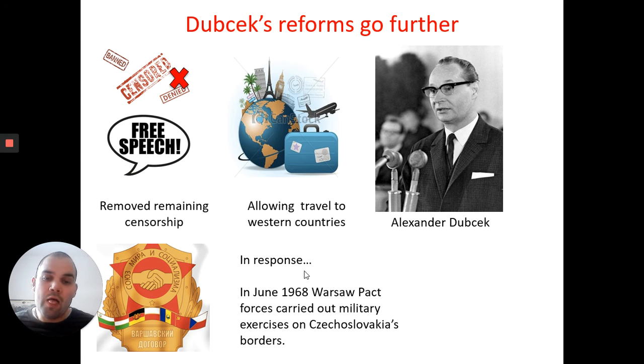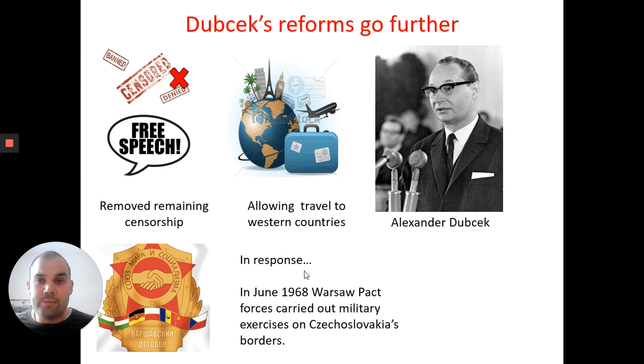But this exercise was deliberately carried out on Czechoslovakia's borders, very clearly as a kind of warning to Dubček that you've gone too far, and a reminder that if we really wanted to, we could very easily invade Czechoslovakia to force you to stop these changes. So they tried to intimidate Dubček's government by carrying out these military maneuvers.